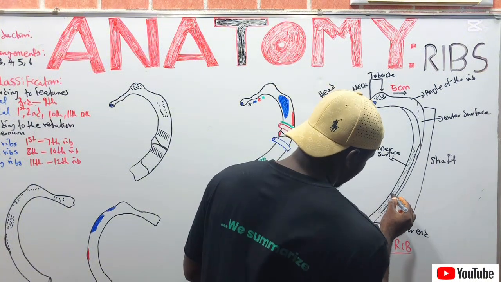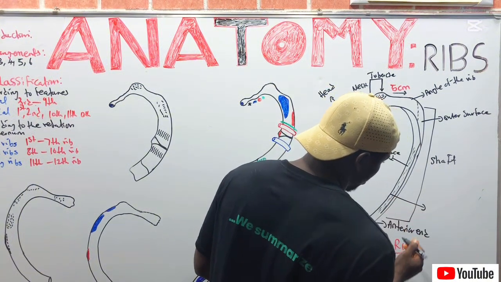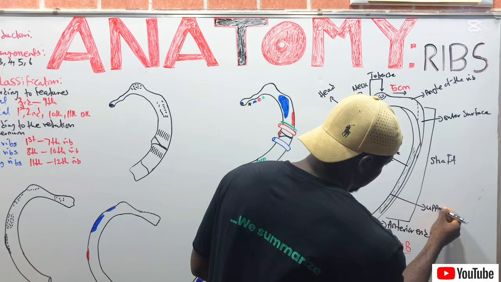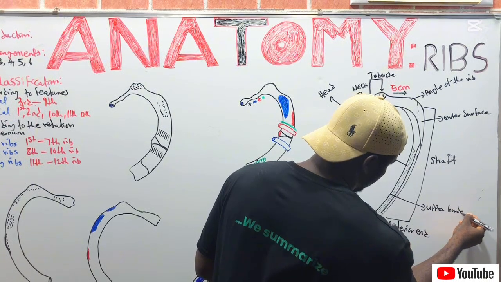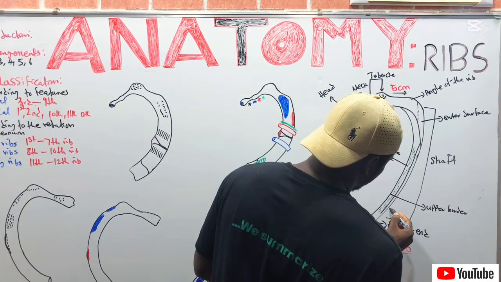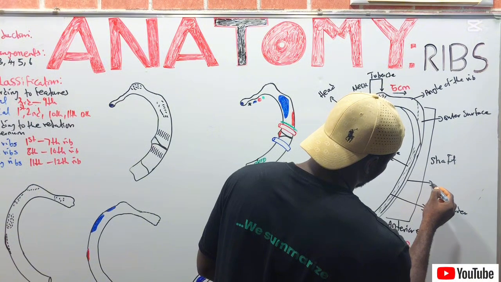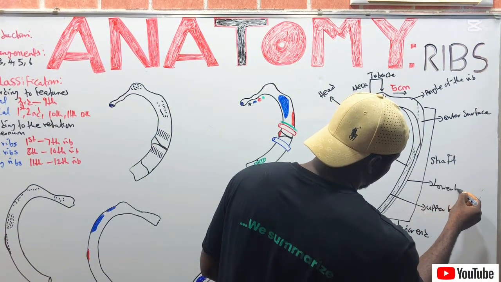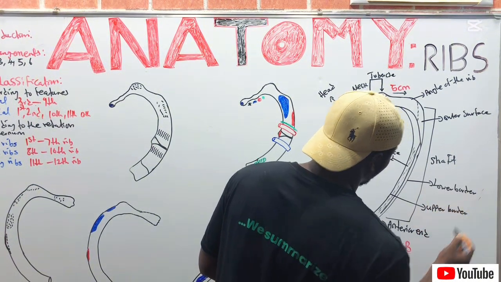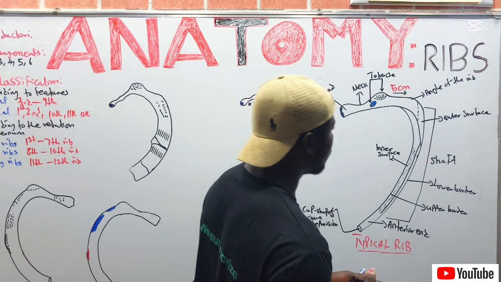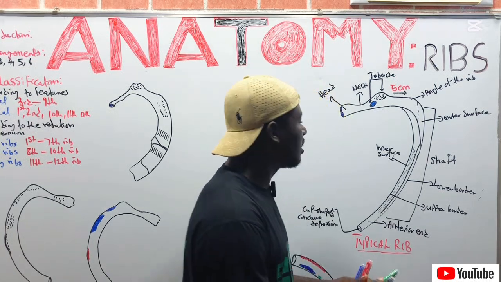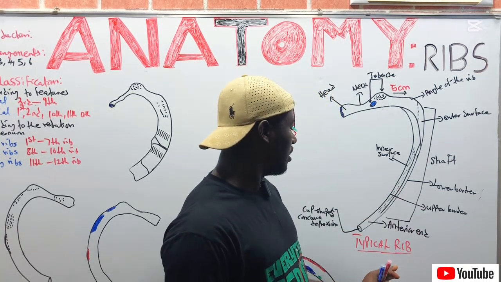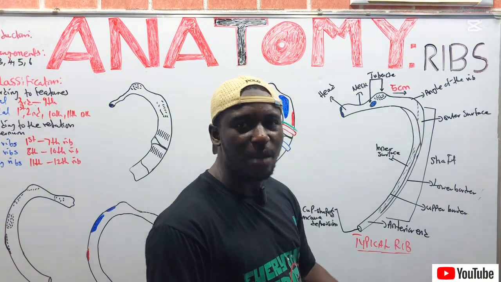Now, this is the upper border or the superior border. While this is the lower border. So these are the features of the typical rib. Now let's discuss them one by one.